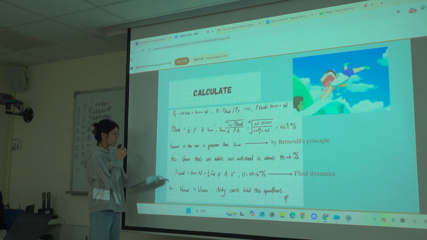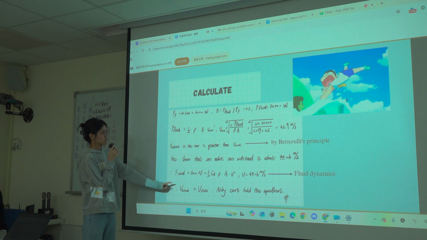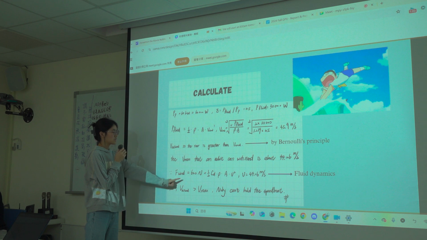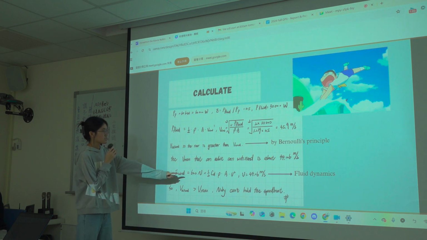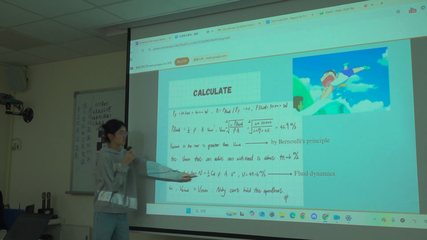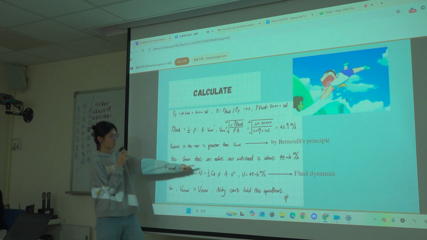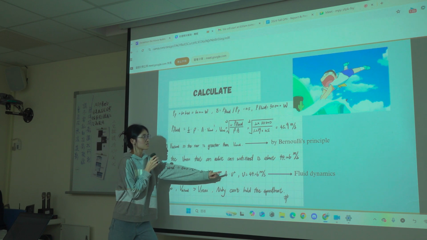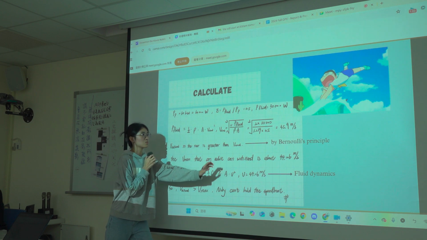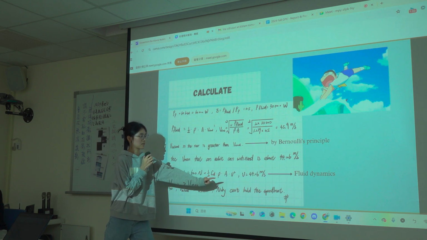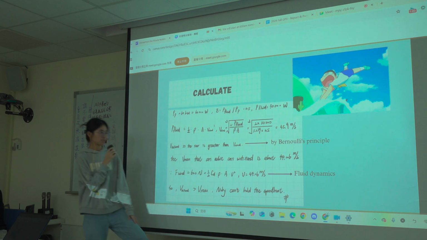An adult can hold a maximum force of 600 newtons. I calculate by this formula, and I get that Nobi can endure a maximum wind speed of 44.26 meters per second.